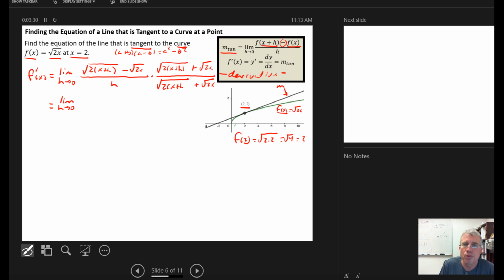So I get the square root of 2 times x plus h times the square root of 2 times x plus h, which is just going to be 2 times x plus h, minus, since the middle terms are all going to cancel, the square root of 2x times the square root of 2x, which is the square root of 2x squared. So the square root's going to cancel for me, and I just get a 2x sitting here. And this is all over h.